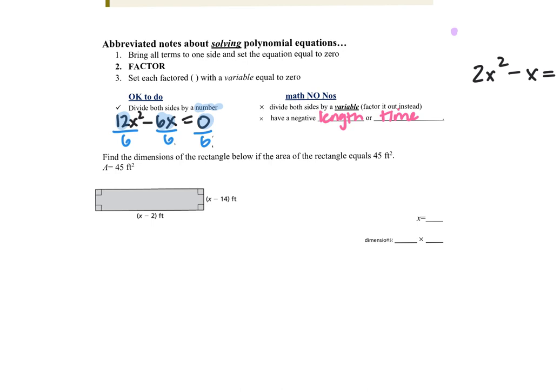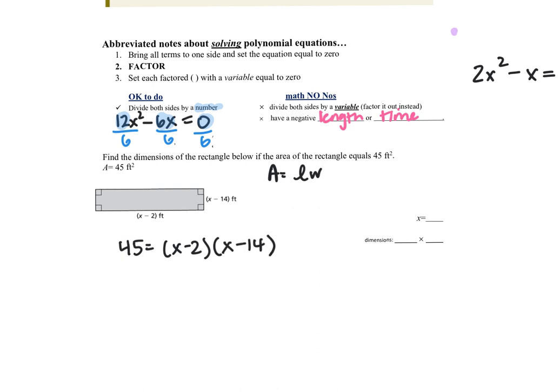We know that the area of a rectangle is equal to length times width, or base times height. So we're going to fill in everything we know. We know that the area is 45. We know that the length is x minus 2. We know that the width is x minus 14.